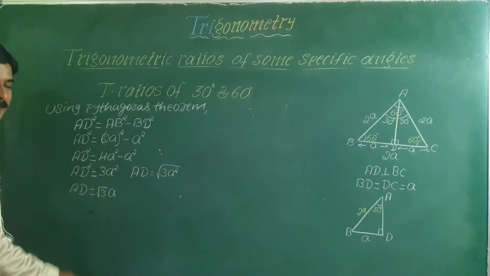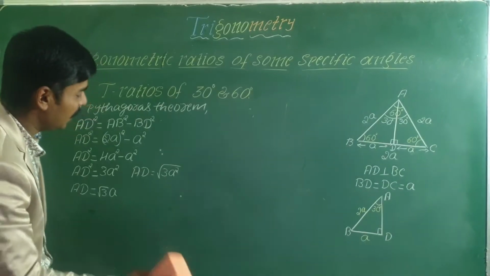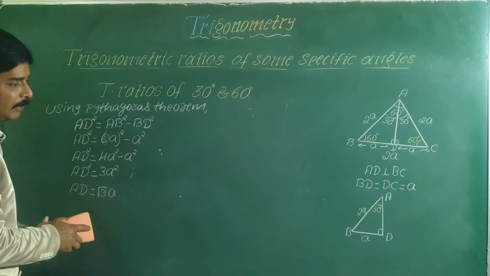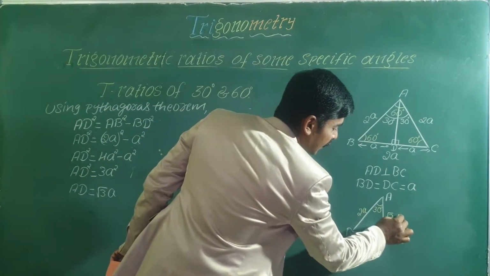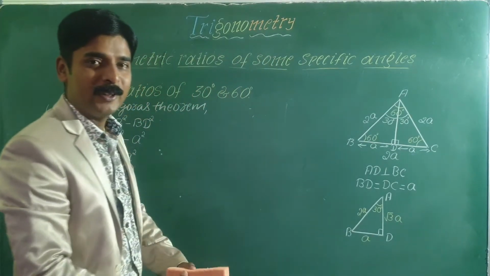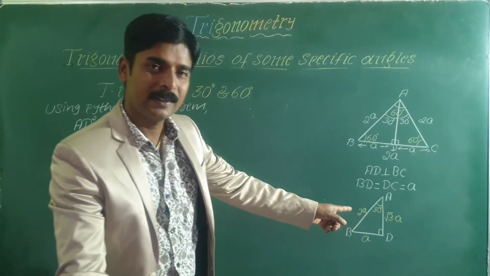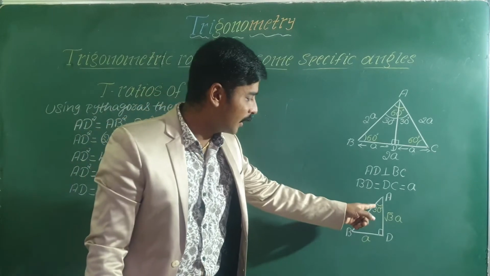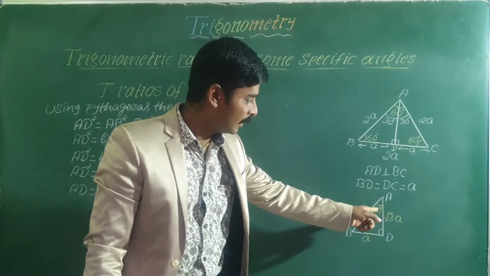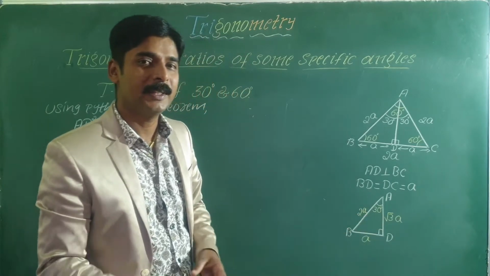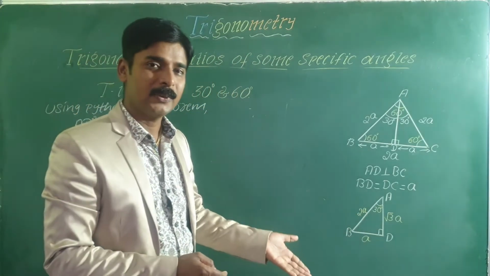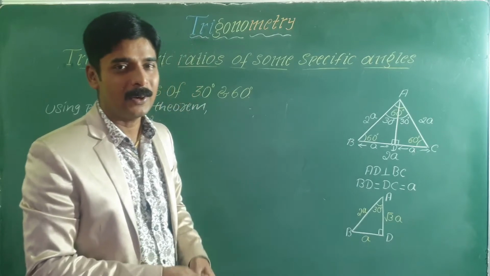So AD is equal to root 3 a units. Now we know all the three sides of this right angle triangle. Now we can write the value of sine 30, cos 30, tan 30. Once we know these, we can write cosecant 30, secant 30 and cot 30.